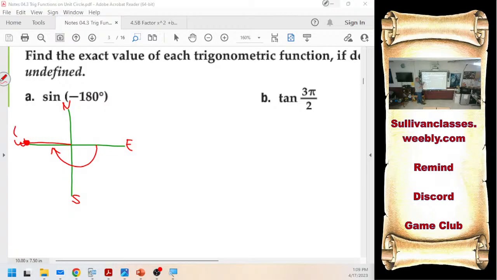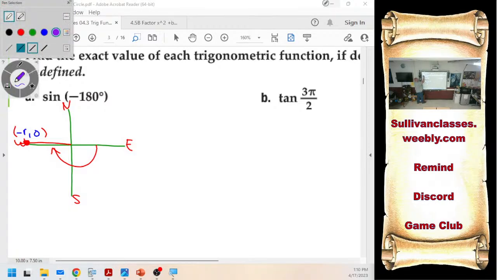Okay, so if I wrote that as a coordinate, square both parts. So this is going to be at -r, 0, right? Negative x coordinate, no up or down for y coordinate.